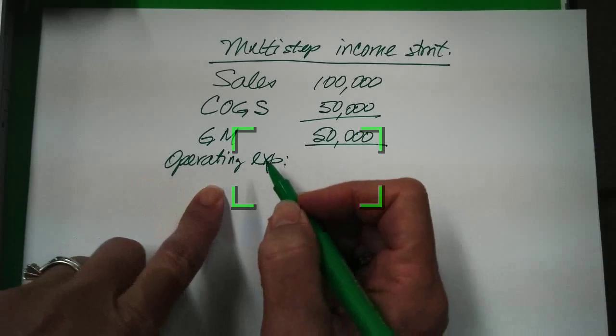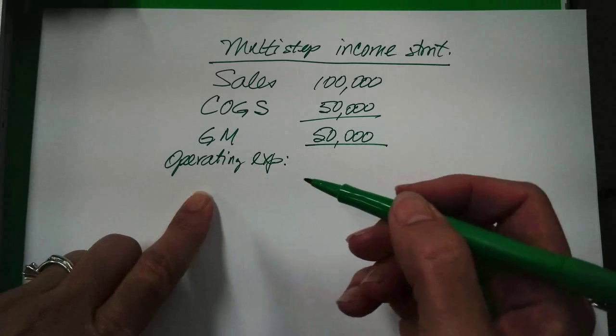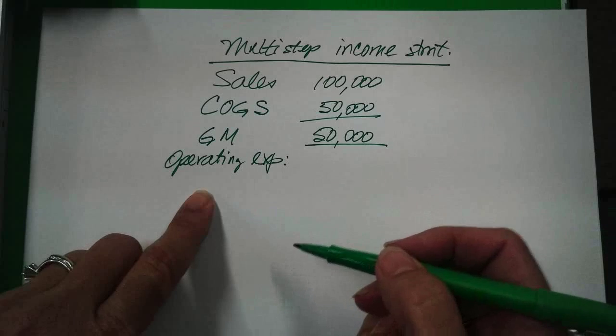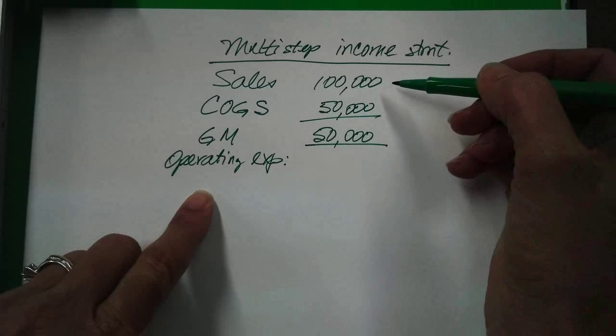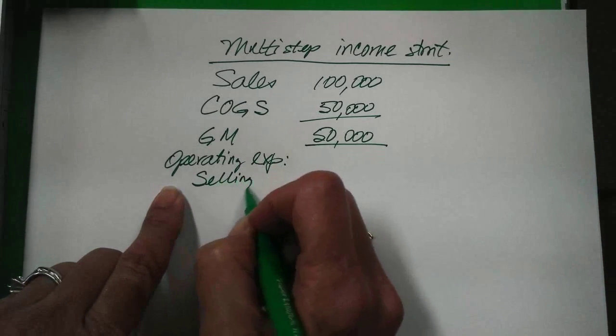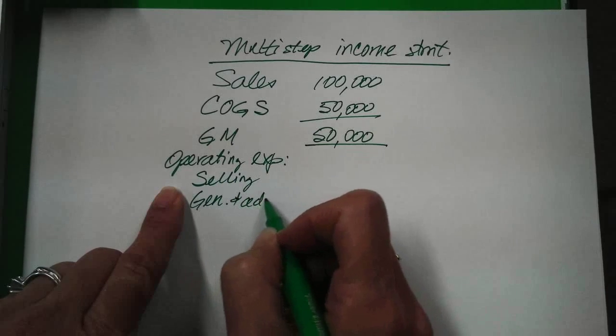Up to this point in time, you've just had a list of expenses. Now, operating expenses are the things that we do that we have to spend money on to generate these sales. Okay? So they are selling expenses and what we call general and administrative expenses.